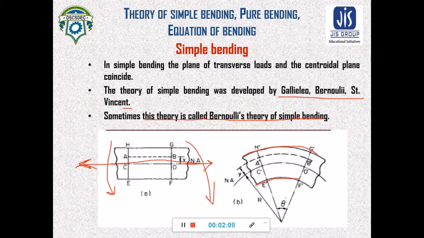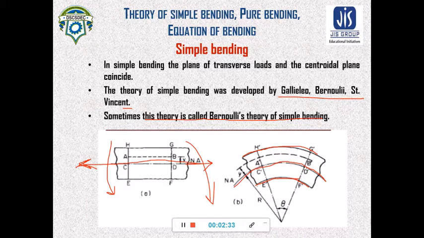In between them there exists one axis which remains unstressed, that means it experiences neither compression nor tension. That is known as the neutral axis.